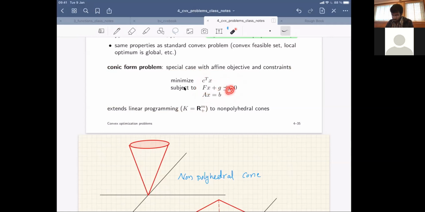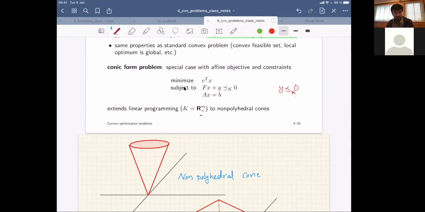Let's take F to be a matrix and x a vector. When you multiply F with x, you get a vector. Vector plus vector, let's call this y. So what you are saying is y is less than or equal to 0 with respect to a cone K. In which case will this be a linear program?